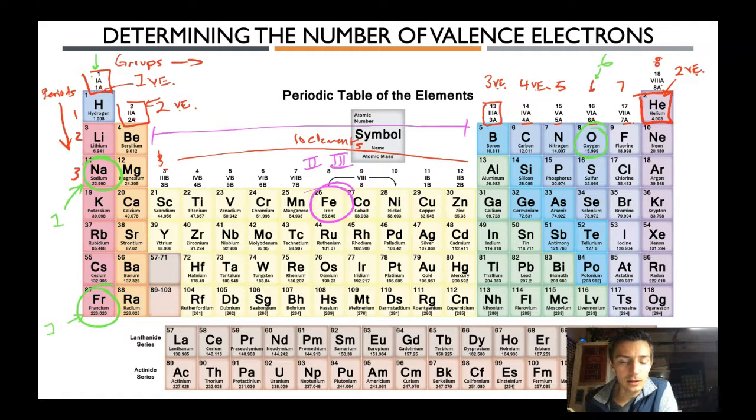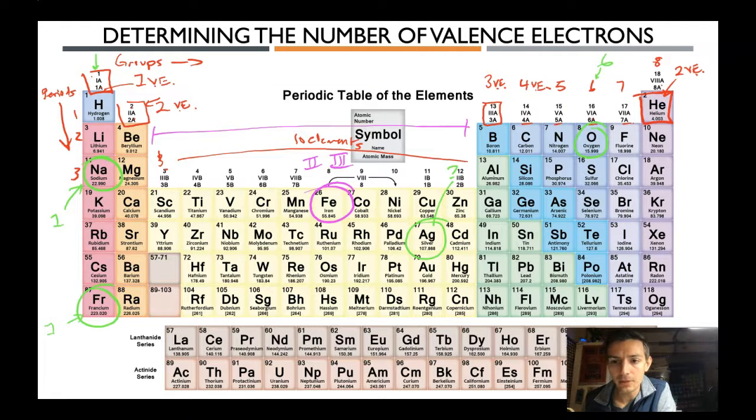How many valence electrons might be in an element like silver? Well, because it's in that middle area, we actually don't know until somebody tells us. So we won't actually know the number of valence electrons until we get more information.